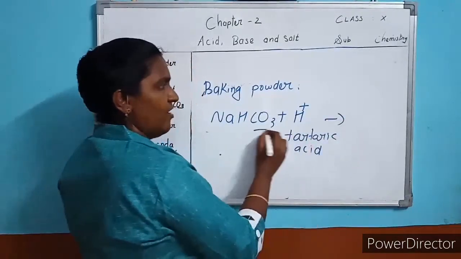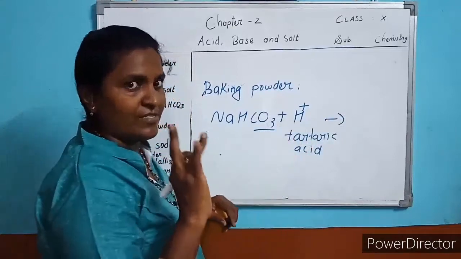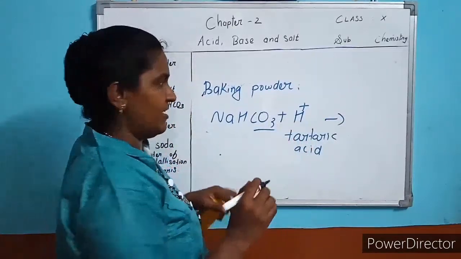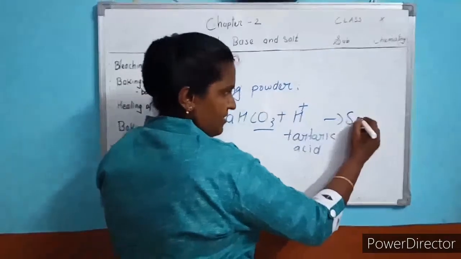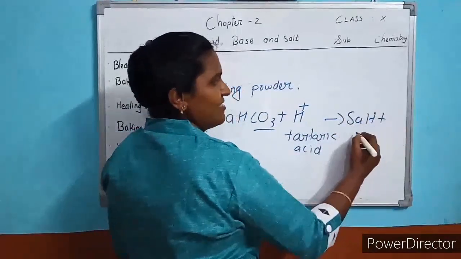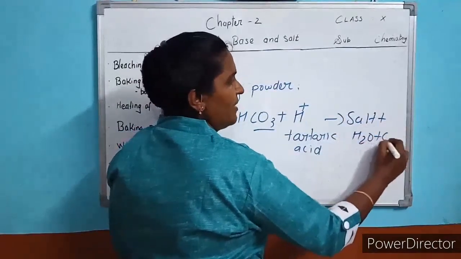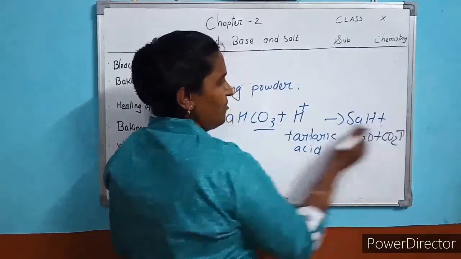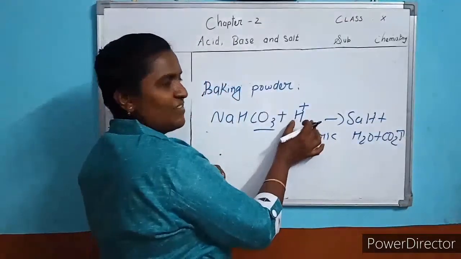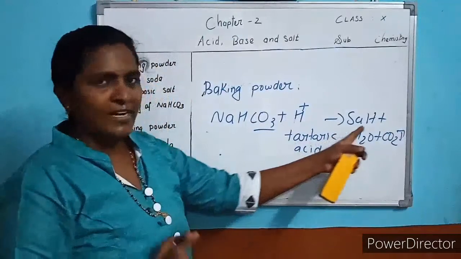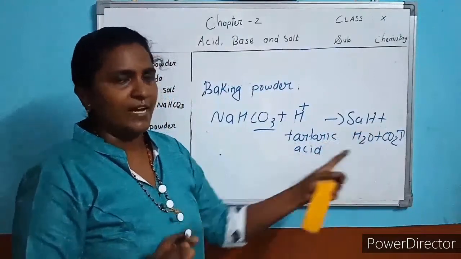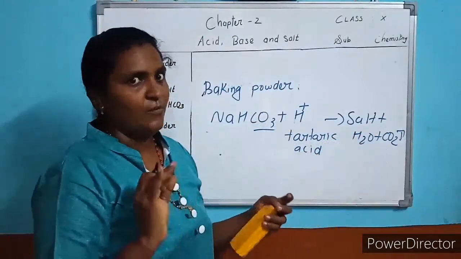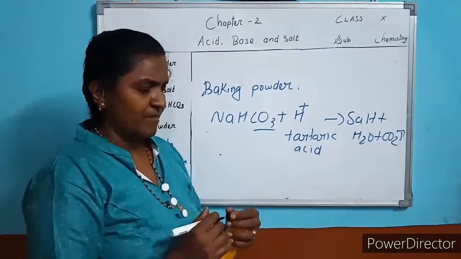Okay, you know that carbonate with acid gives three products: salt, water, carbon dioxide. How do you get salt? Salt, water, carbon dioxide. Okay, this salt is the salt of this acid. So I am not writing the name, you write salt, water and carbon dioxide. Carbonate with acid gives salt, water, carbon dioxide gas.